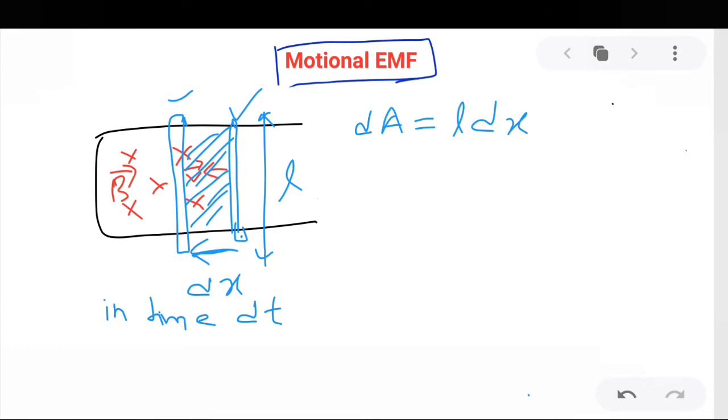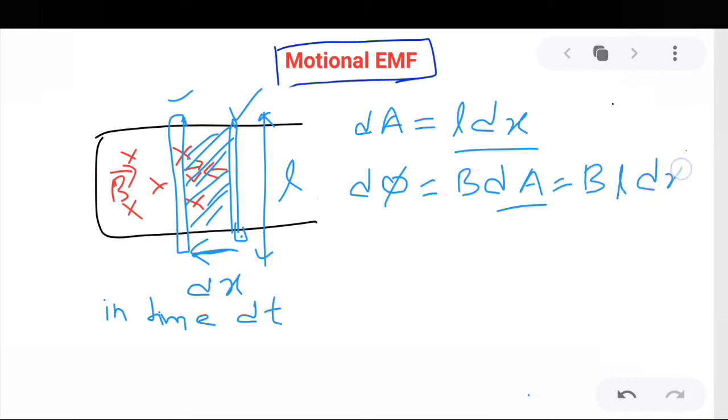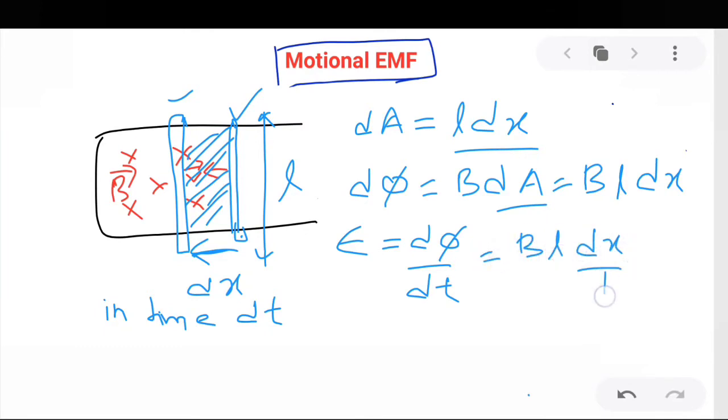Because of this change in area, there is a change in flux. The change in flux, d phi, is equal to B dA, where dA is this quantity, so this is equal to BL dx. Now what will be the induced EMF? Induced EMF is d phi by dt, which is equal to BL dx by dt.